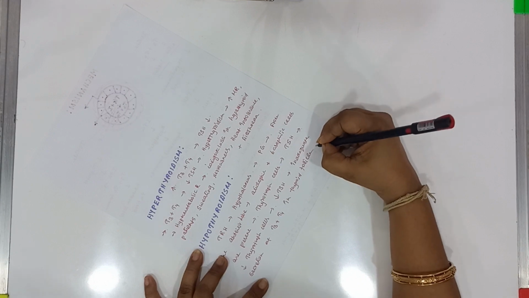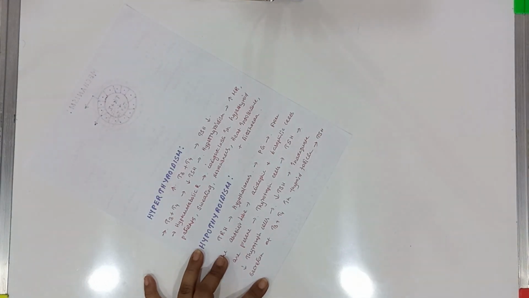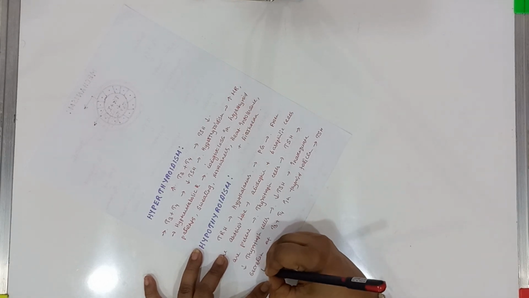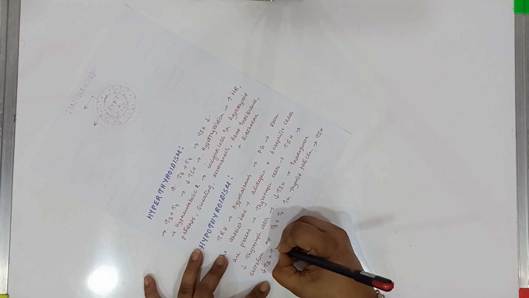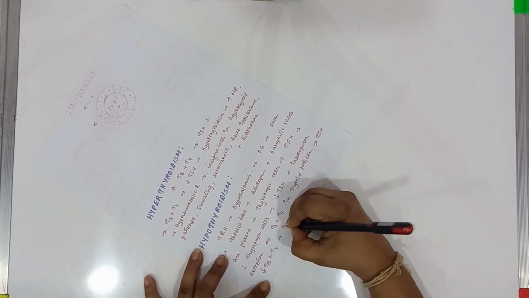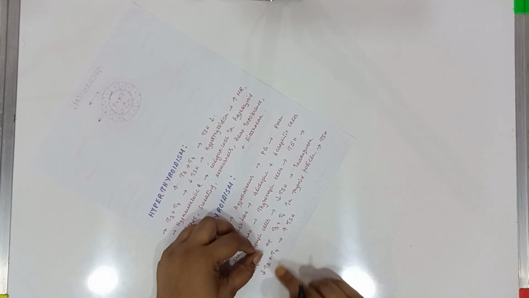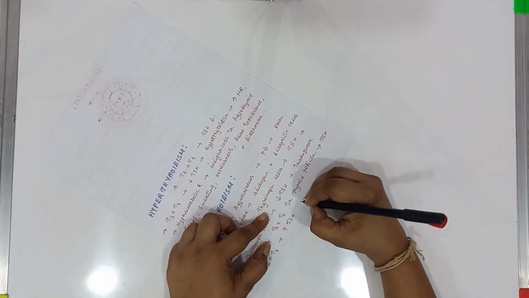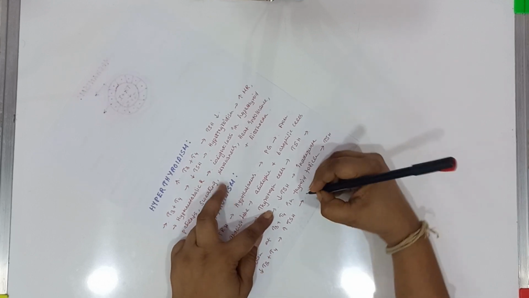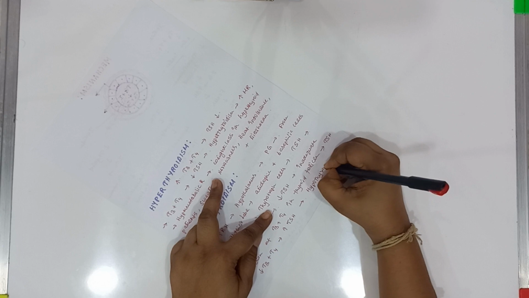This TSH hormone always exerts a negative feedback mechanism. So whenever there is decreased T3 and T4, there will be an increased amount of TSH. A decreased T3 and T4 hormone along with increased secretion of TSH can cause hypothyroidism.